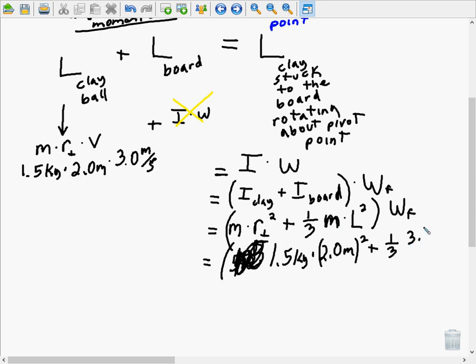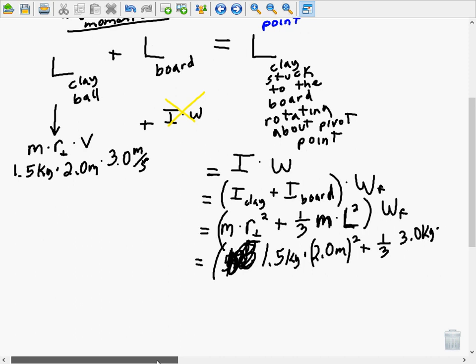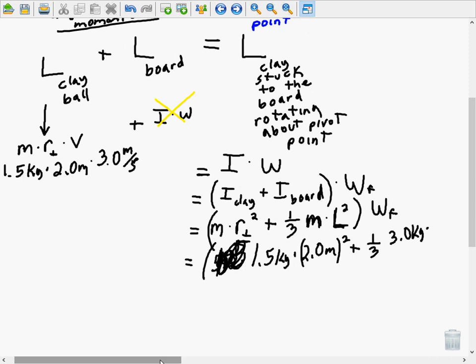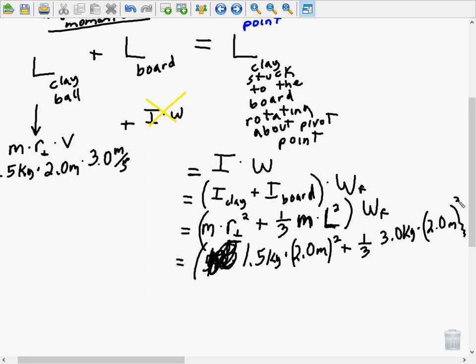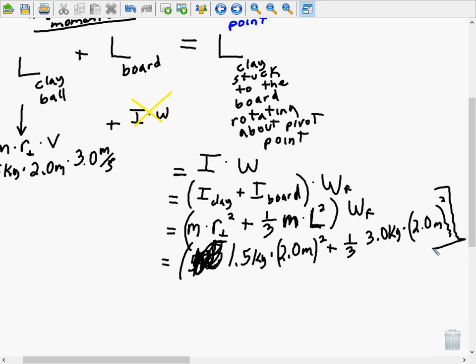What was it, 3 kilograms? Times the length of the door squared. How much is that? 2 meters squared. And then this is all in brackets. And what do I have to multiply all that by? Omega F.